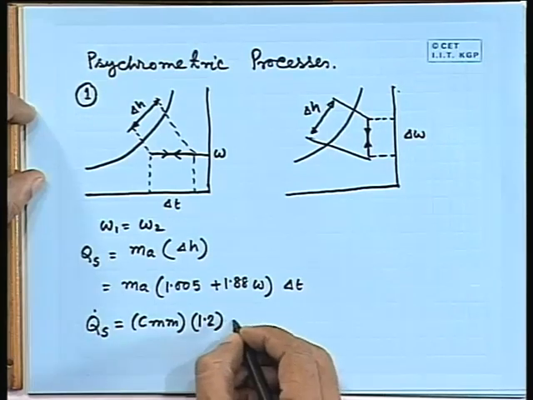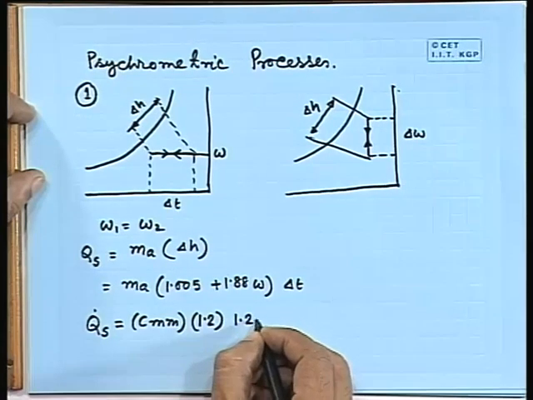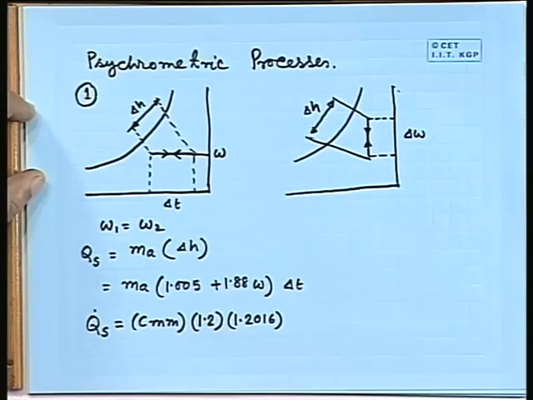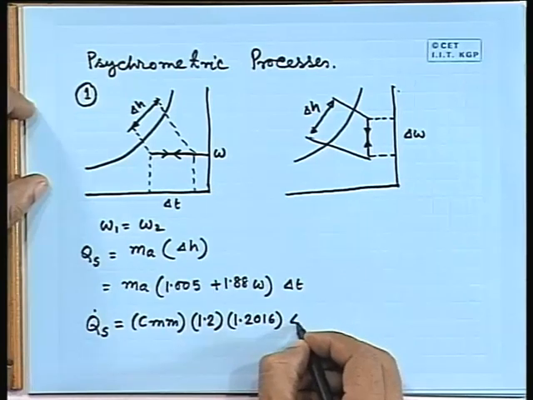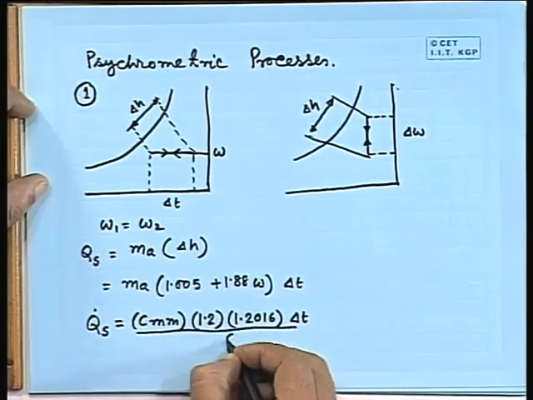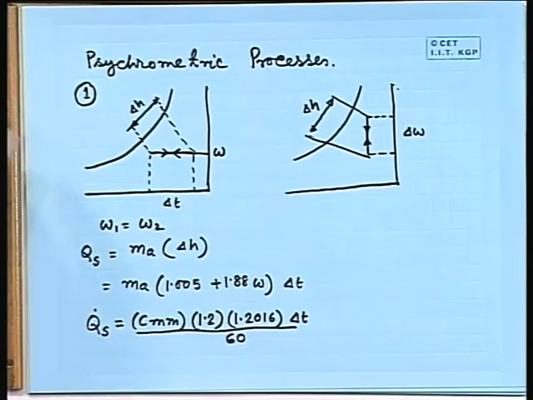Then 1.2016, specific heat of moist air, multiplied by delta T and divided by 60, because it is in cubic meter per minute.